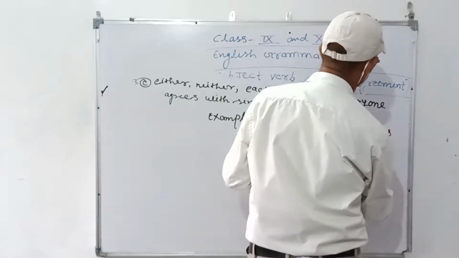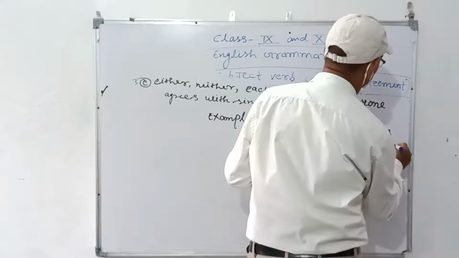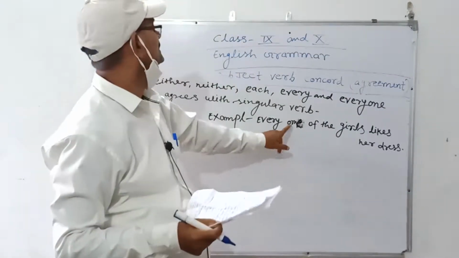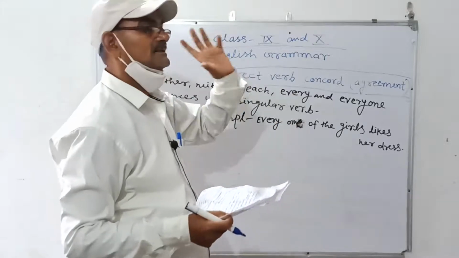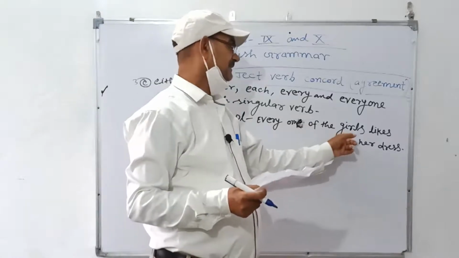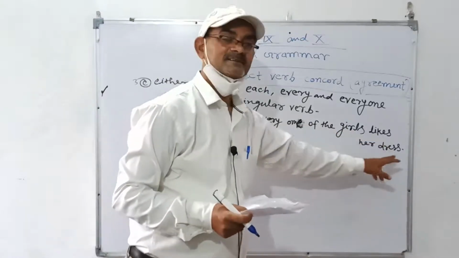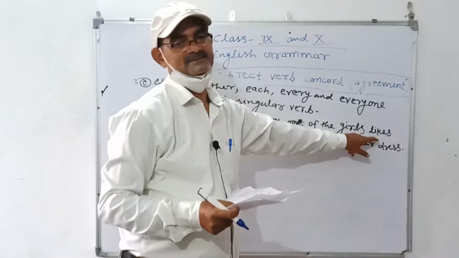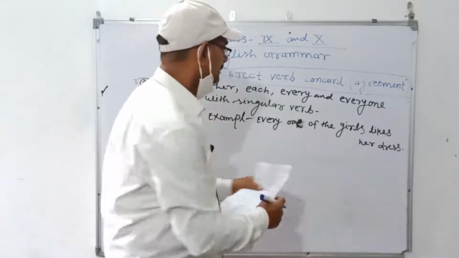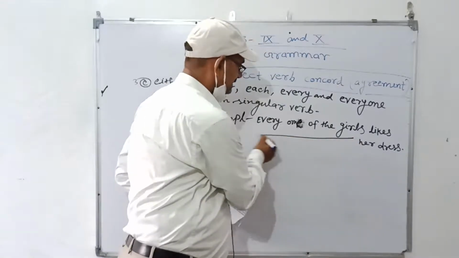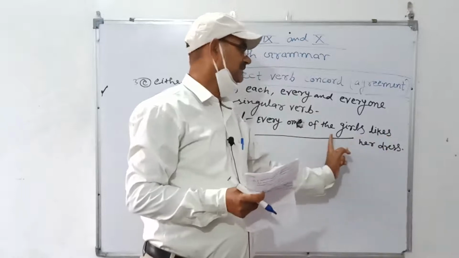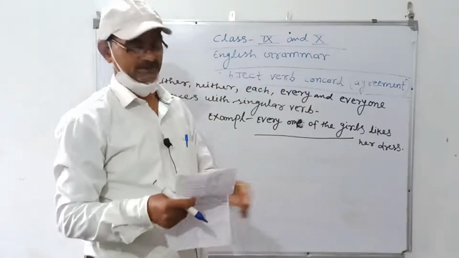In this sentence, everyone is the singular subject. Every one of the girls likes her dress, not like her dress. Here, every one of the girls is identifying a singular subject, and we shall use singular verbs with this subject.